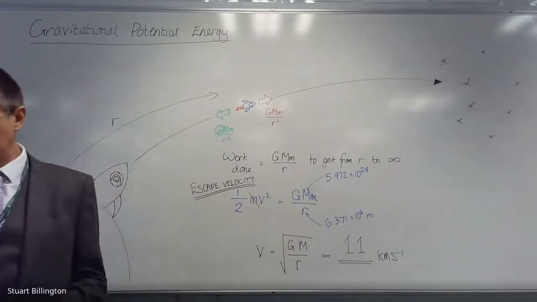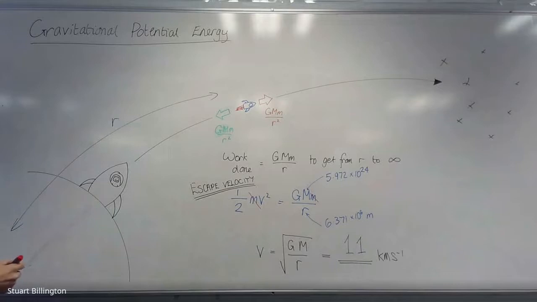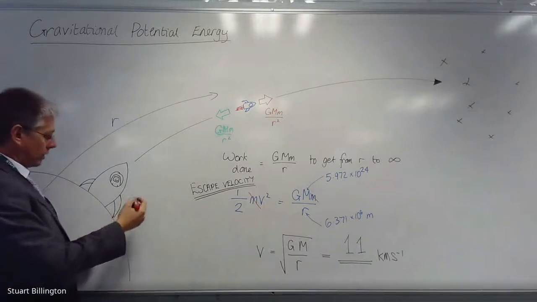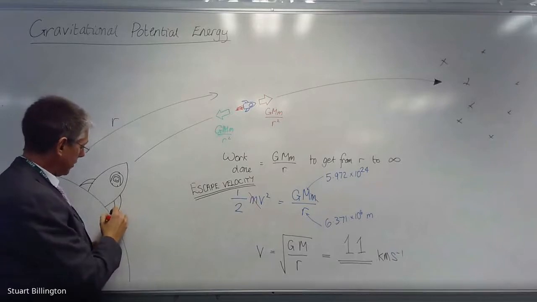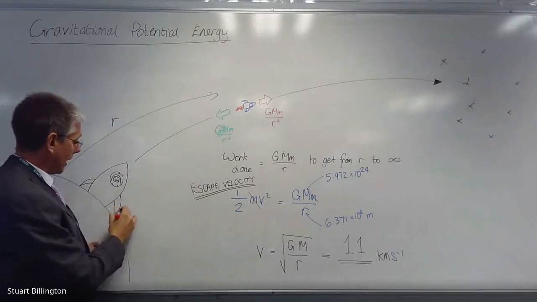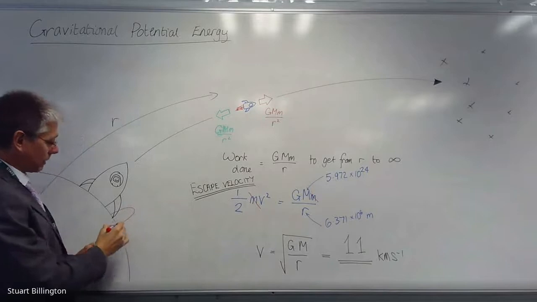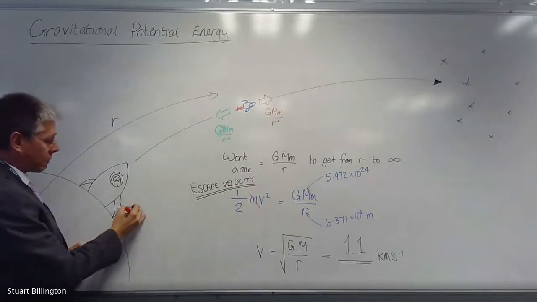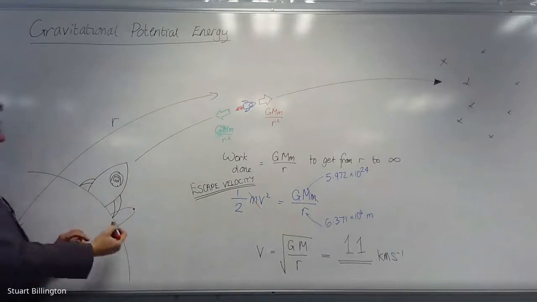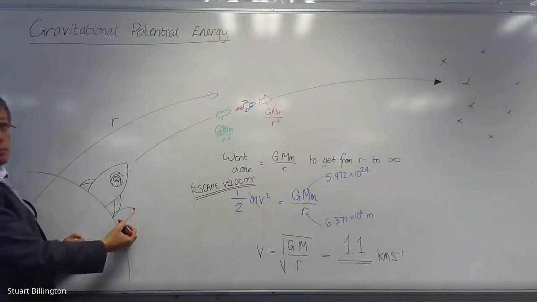So what does that look like? Well, imagine that before you get on your rocket, you start throwing a ball in the air. If you throw it gently in the air, it'll go up and it'll come back down again. It'll get to the top of its arc before it falls back down, and that top of its arc will be a certain distance from the ground.